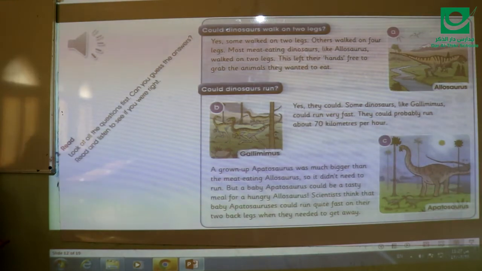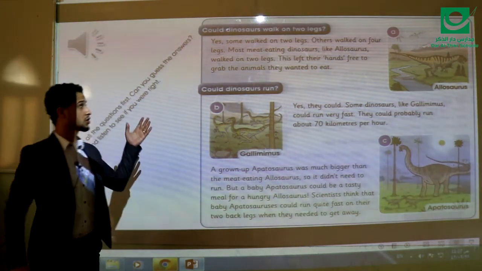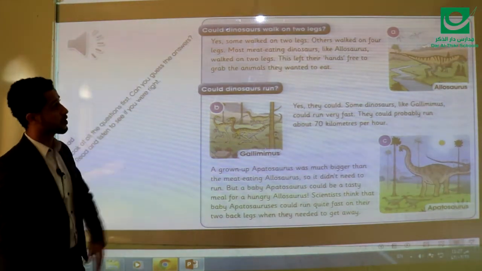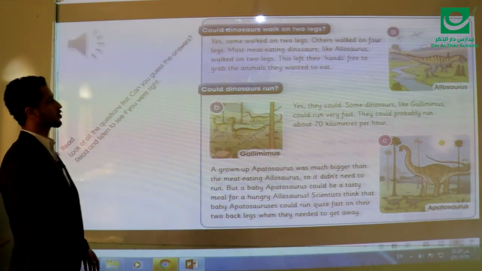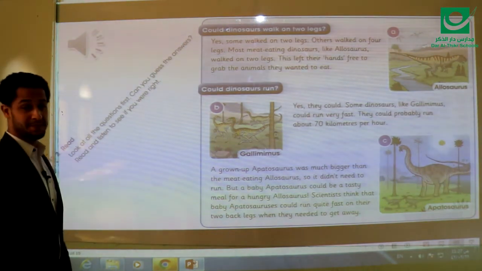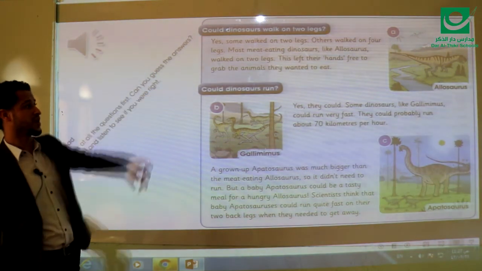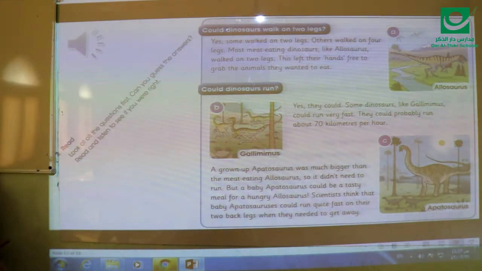Okay, so after listening, I'm gonna read again for you to make it easy. Could dinosaurs walk on two legs? The answer is yes. Some walked on two legs, others walked on four legs. Most meat-eating dinosaurs, like Allosaurus in picture letter A, walked on two legs.